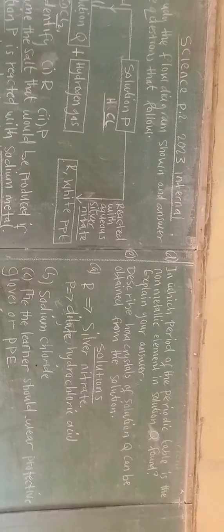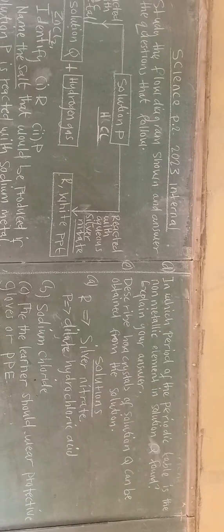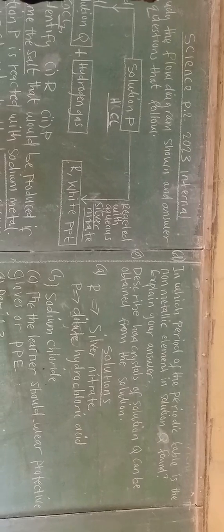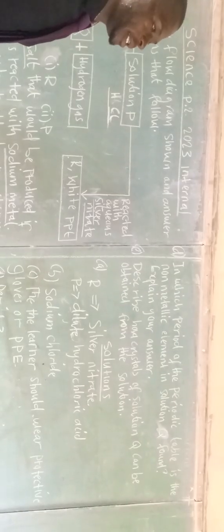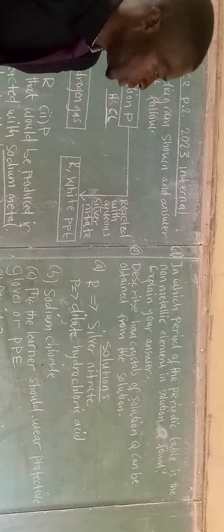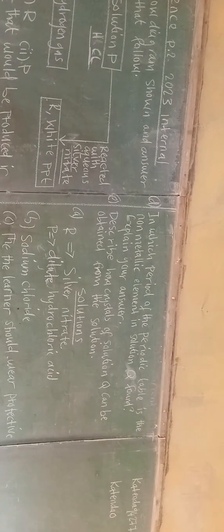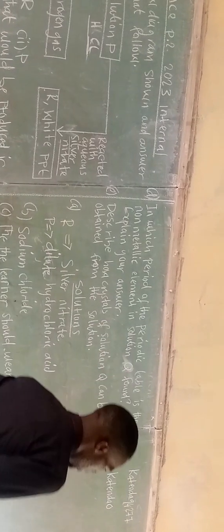There are steps which are involved there. Since it is a solution, number one, they need to transfer the solution to the evaporating dish. Then with the source of heat, they will need to evaporate the solution to saturation, meaning the point where we can see that the solution is about to form crystals.